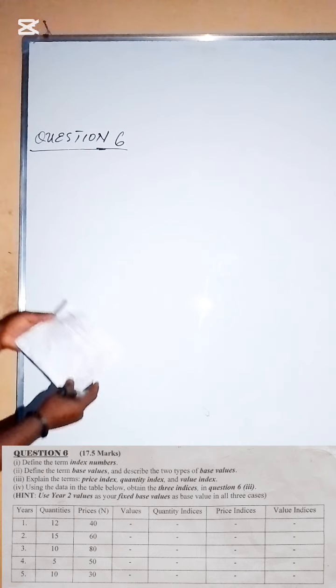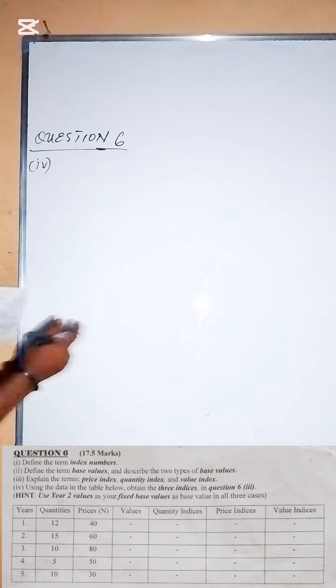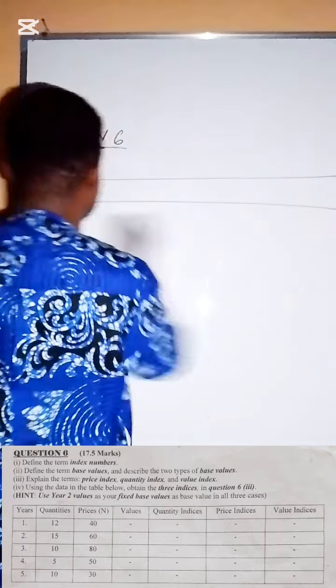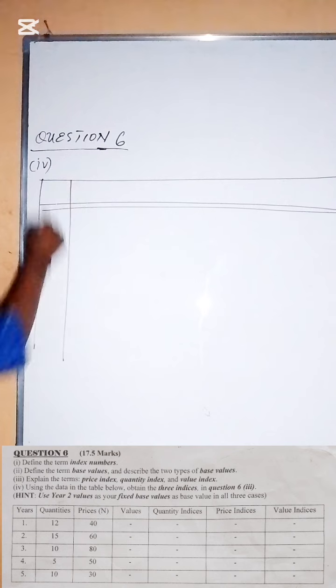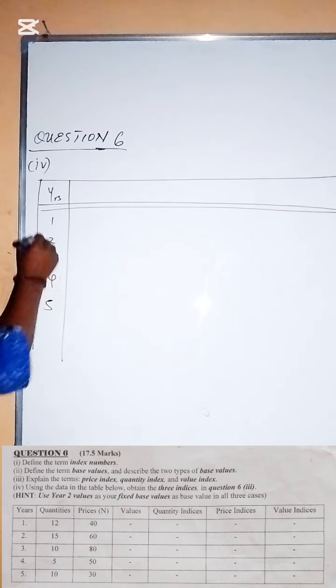Finally, let's go to question 4. Using the formula in question 3, we can now compute the following. So we are asked to do this. We have years 1, 2, 3, 4, 5.